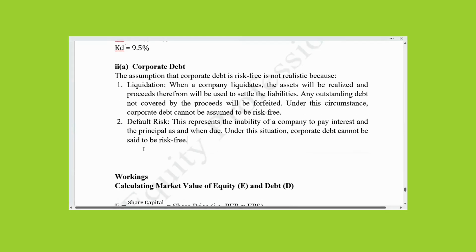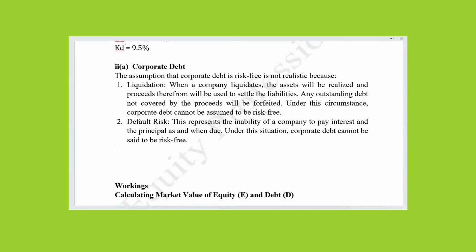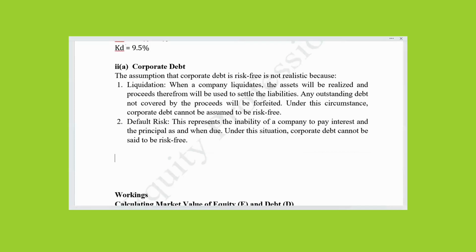We then move to number 2B. In number 2B, you have been given a debt beta of 0.3, which means that you need to recalculate your WACC. So in this case, I will just copy everything we have done before.